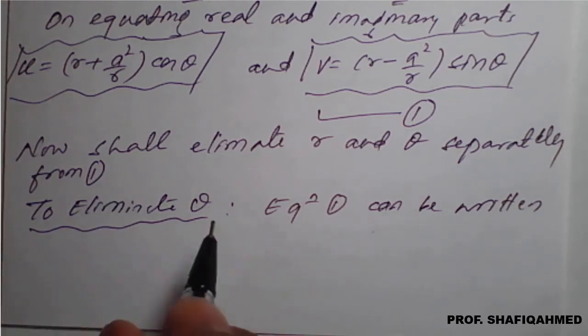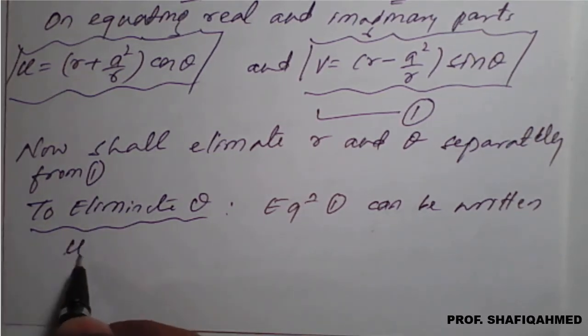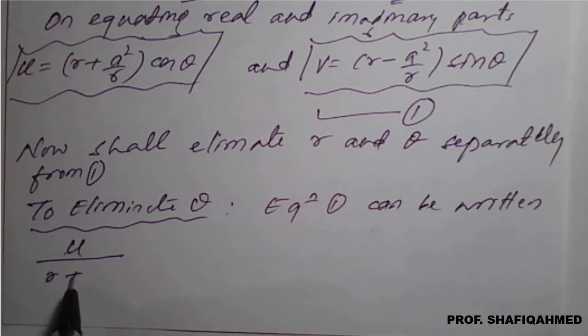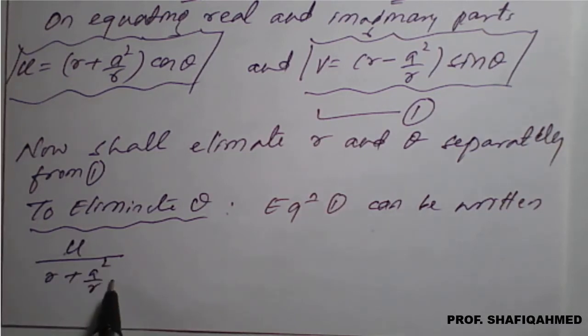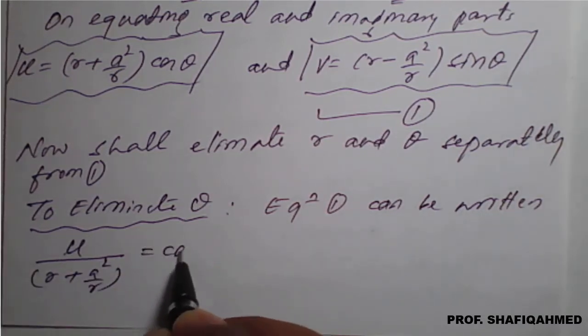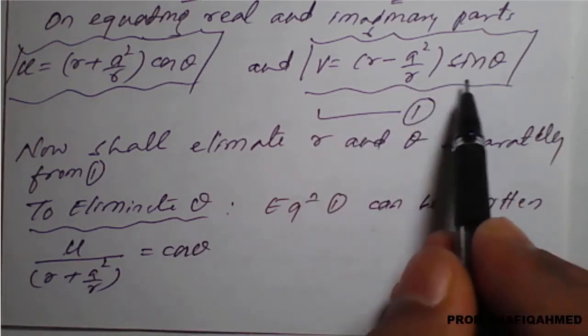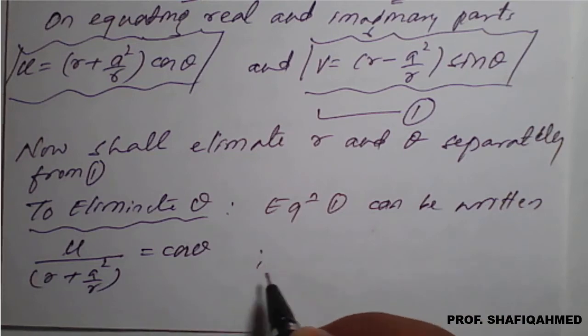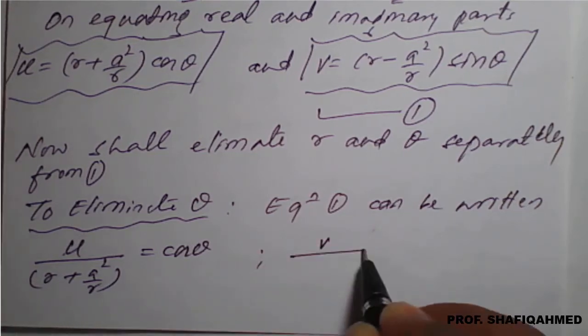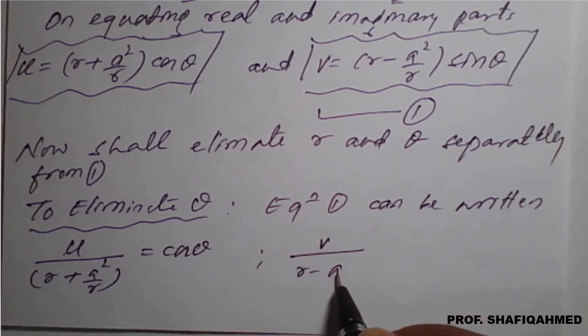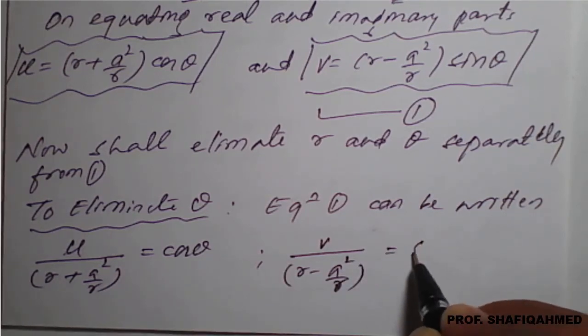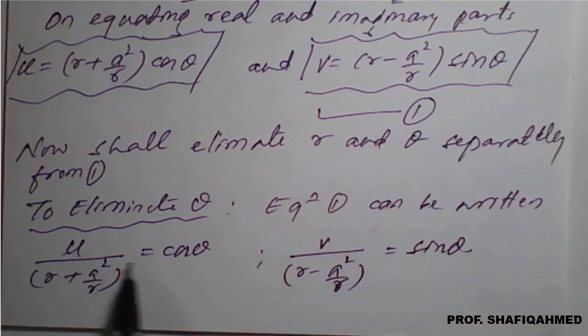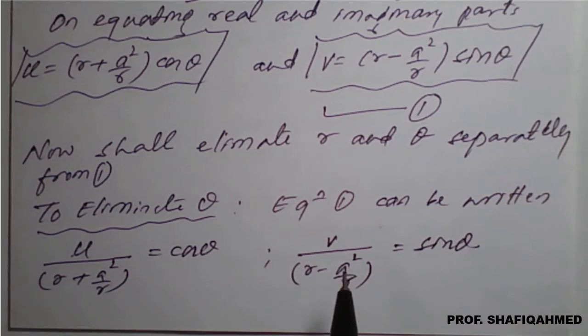So u becomes u divided by (r + a²/r) = cos θ, and v becomes v divided by (r - a²/r) = sin θ. These two are the arrangement we have made to eliminate θ.